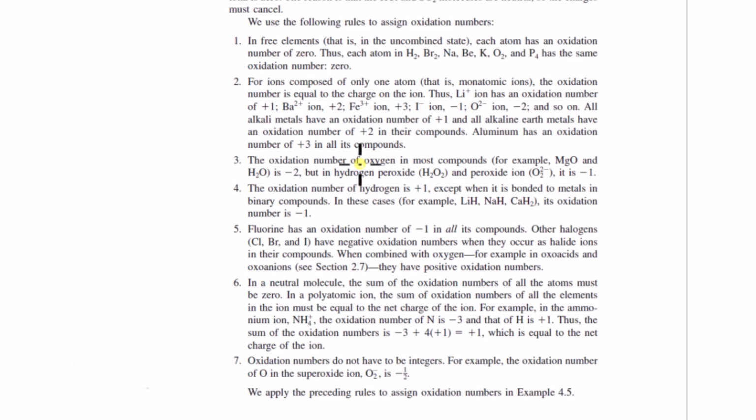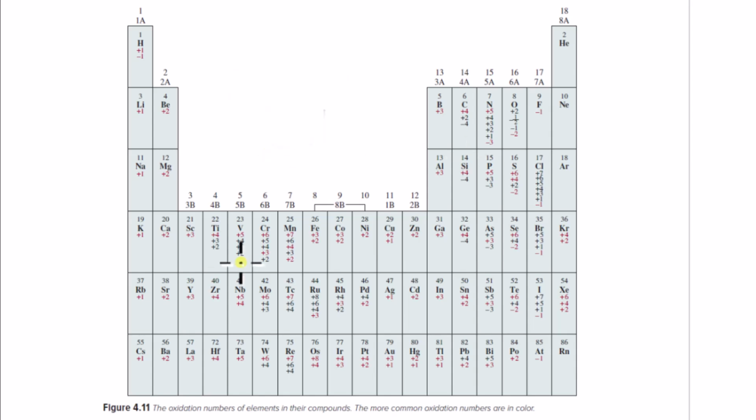Well, technically, no. So if we come to the next page, the textbook gives this chart, and this chart shows common possible oxidation numbers of different elements. Okay, so you can see the alkali metals just show a +1, alkaline earth metals just show a +2, fluorine just shows a -1. And those are the only oxidation numbers that are listed for these elements, right?